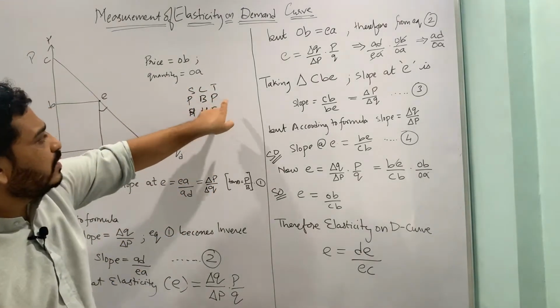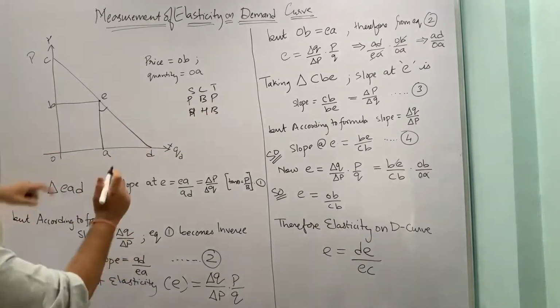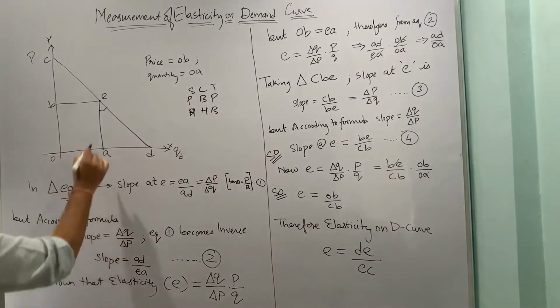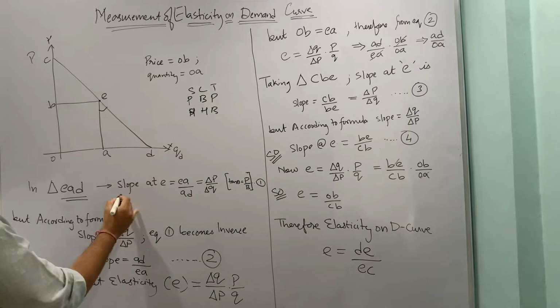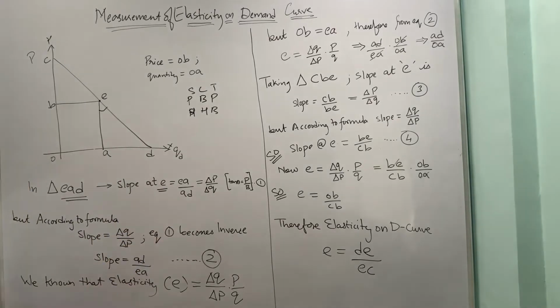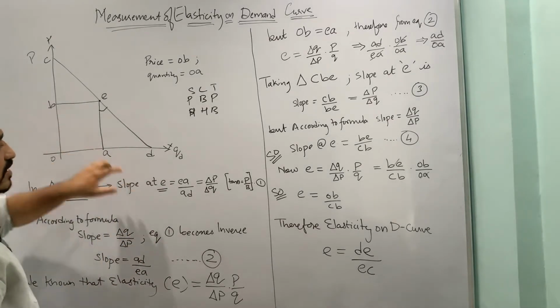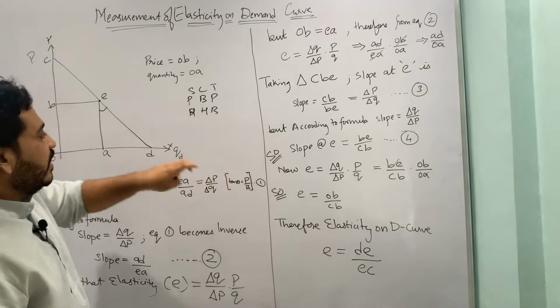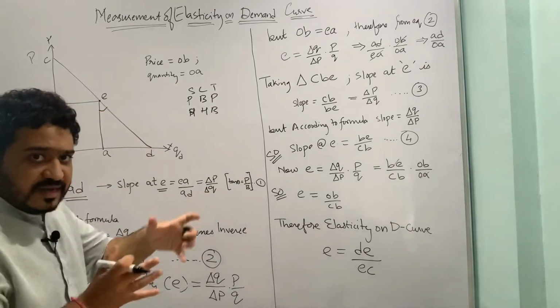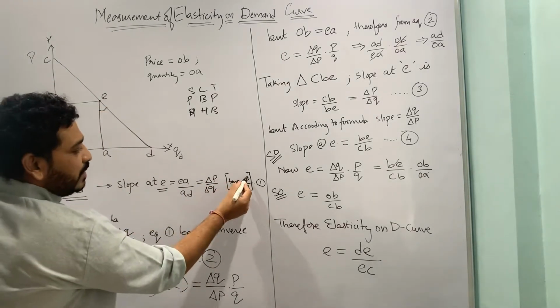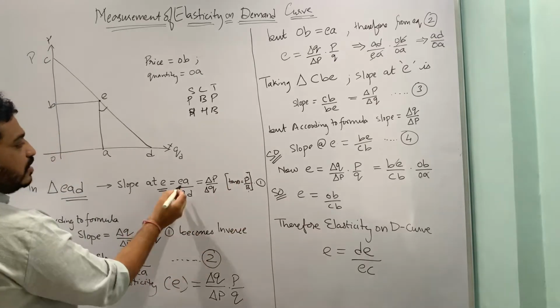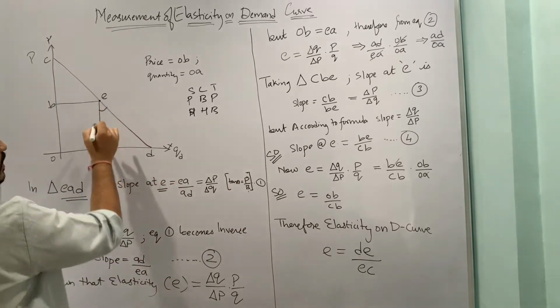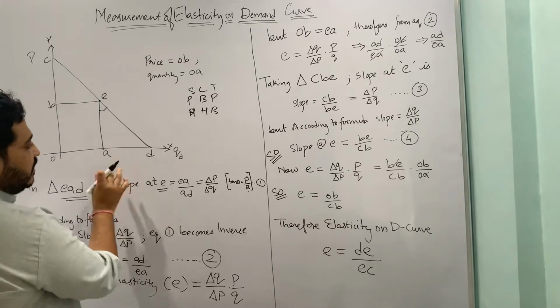So, here I am calculating the slope at point E. The slope at point E is given by tan theta at that point, so it is perpendicular divided by the base. Here the perpendicular distance is EA and the base is AD.